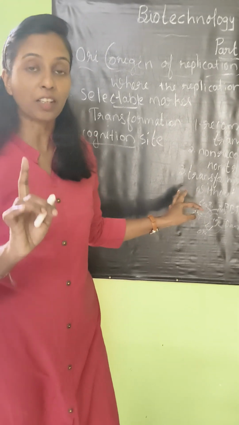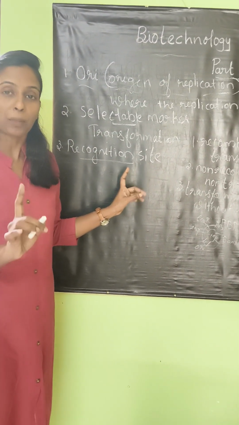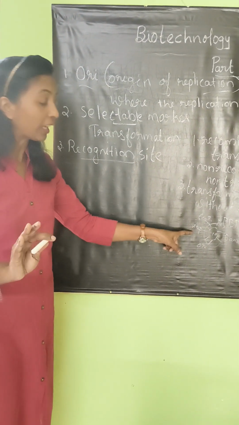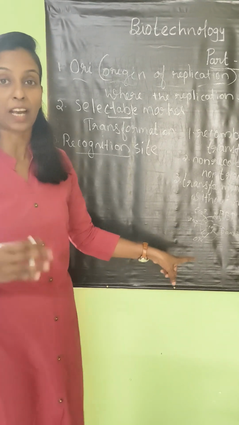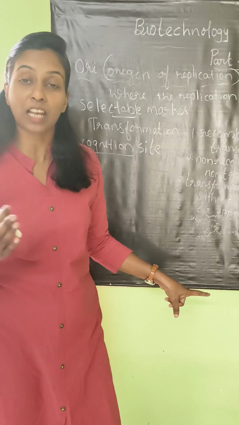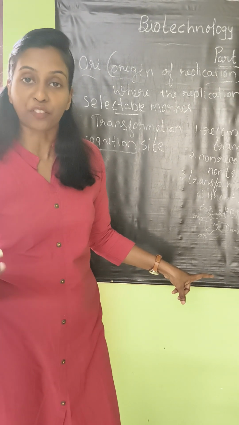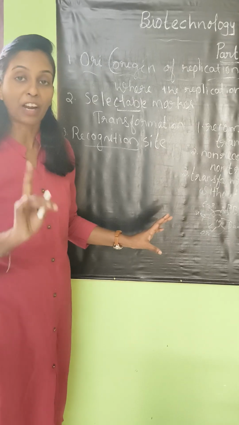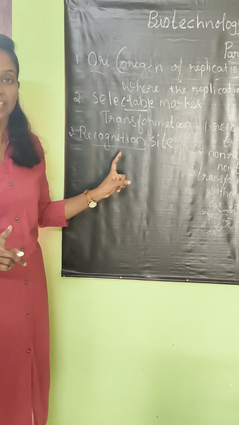The number of recognition sites should be one or two, very few, in an ideal plasmid. Otherwise many segments would have to be cloned, and it would be a complex and difficult process. So it should be few.